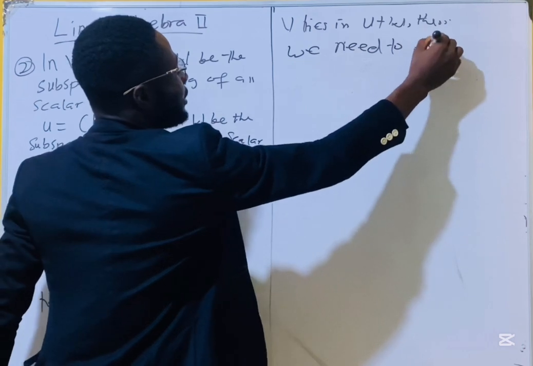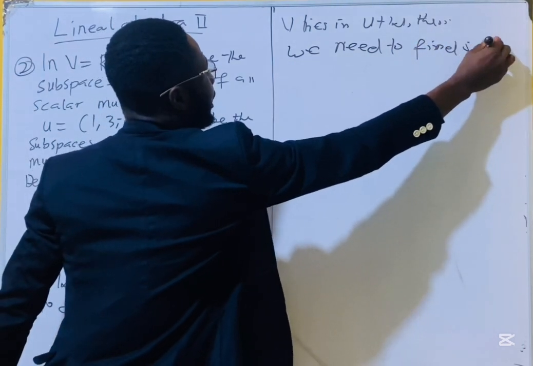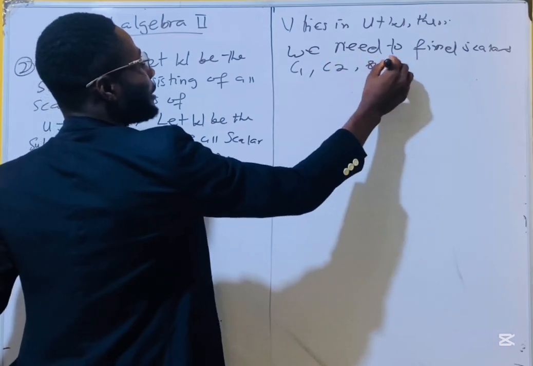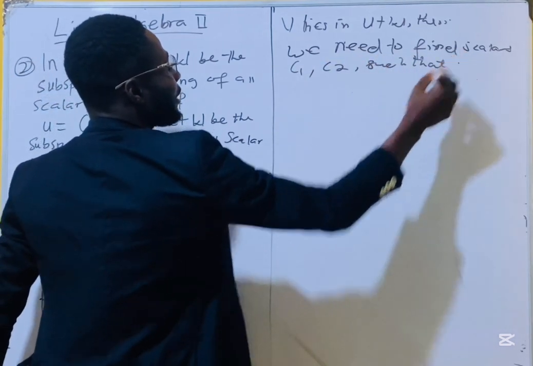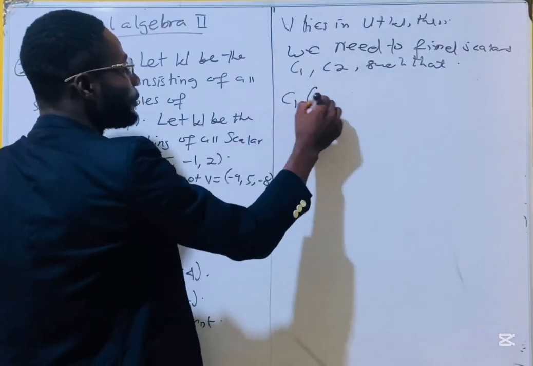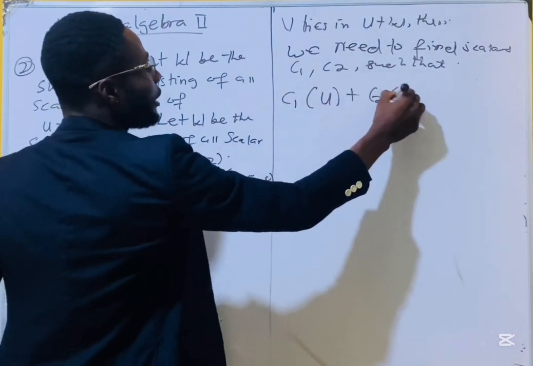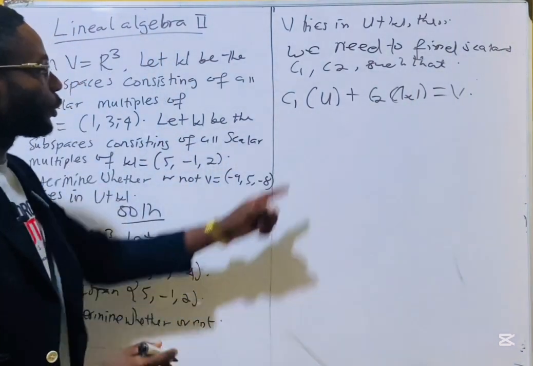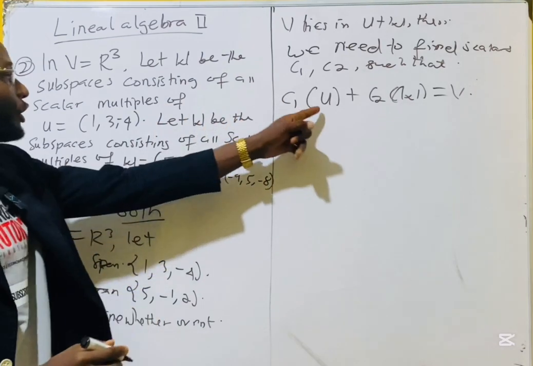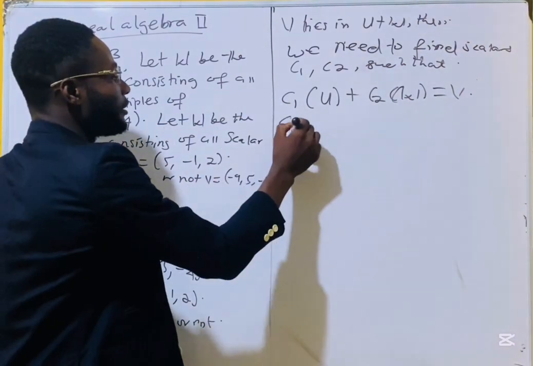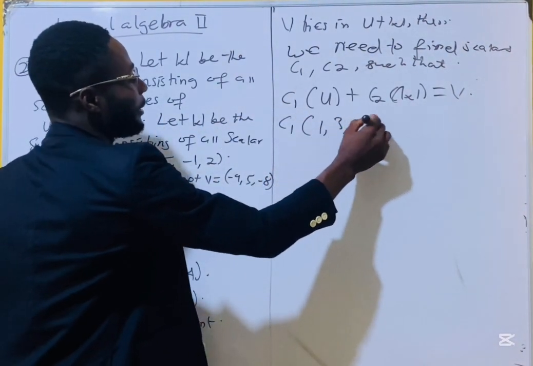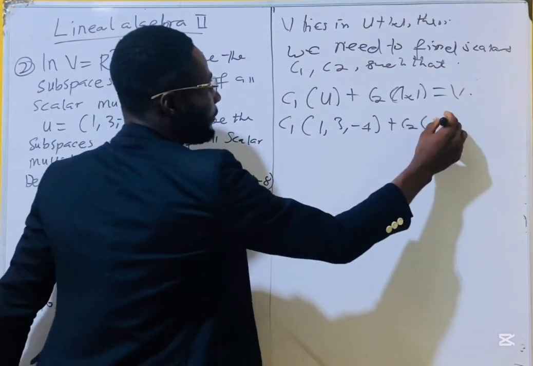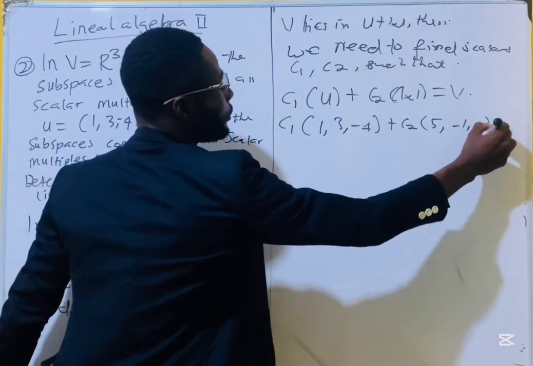So we need to find scalars, say C1 and C2, such that C1 times u plus C2 times w should be equal to V. Our u is this, so we have C1 times (1, 3, -4), plus C2 times w, which is (5, -1, 2).